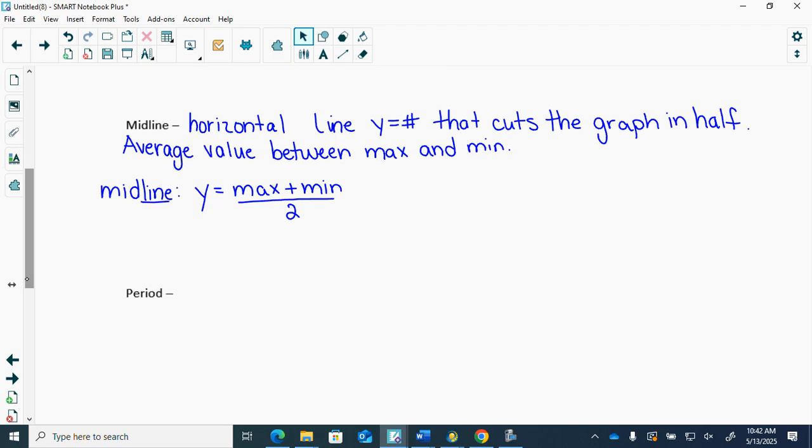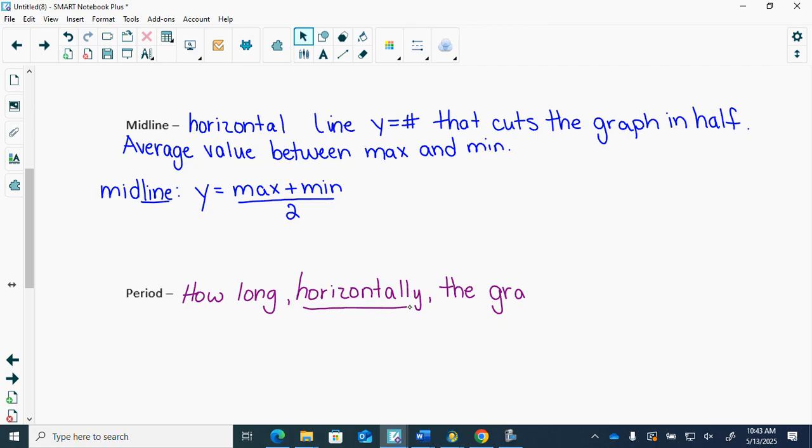The period is how long horizontally the graph takes to repeat itself. And the horizontally is very important.